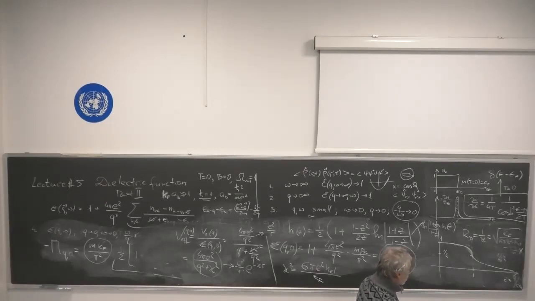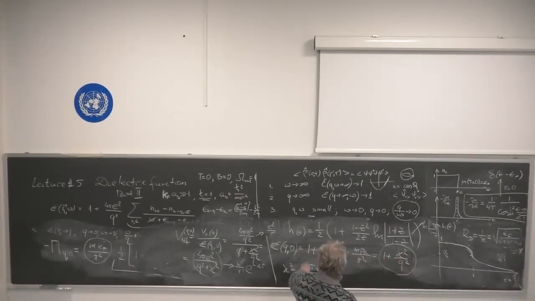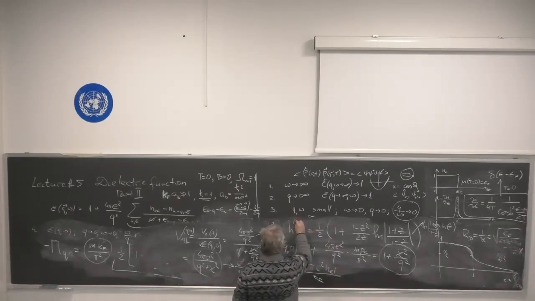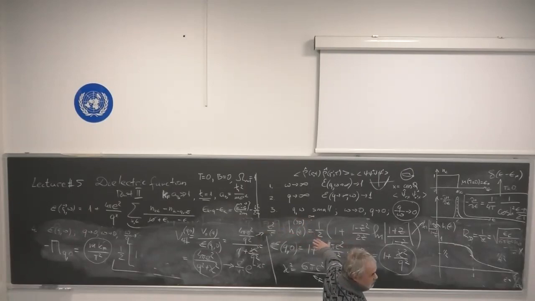Good. Now, before I do my last comment in the remaining 2 minutes, here is what I suggest you do in the homework. Compute the Lindhard function, the static polarization operator, as a function of q in the 2-dimensional case. You repeat the same calculations, assuming that you have a 2D Fermi gas.